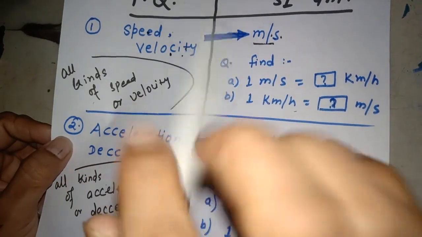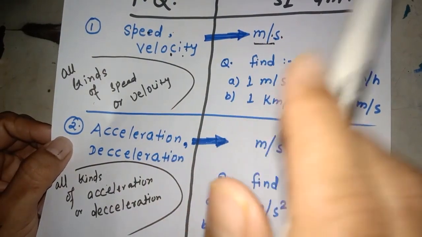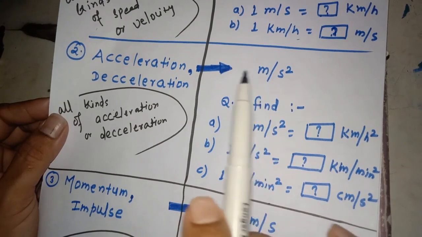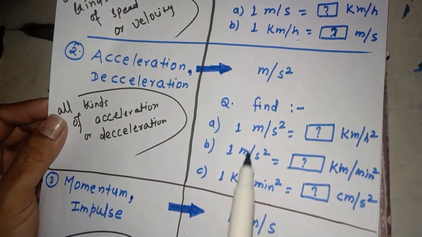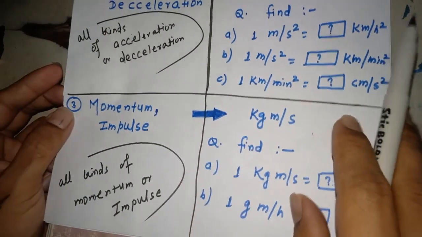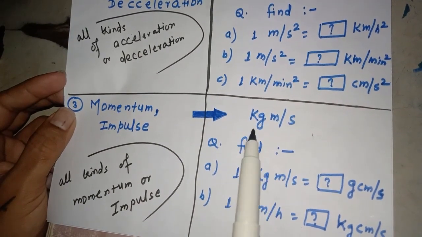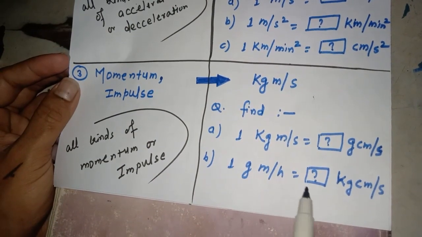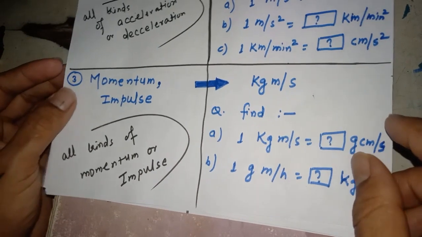If it is a uniform velocity or a non-uniform velocity, no matter, its unit is the same because it is measured by the same parameter, meter per second. Now acceleration or deceleration is measured by meter per second square. You can solve these questions in your notebook. Now momentum and impulse are measured in kg meter per second. Here is the question, you can solve it.